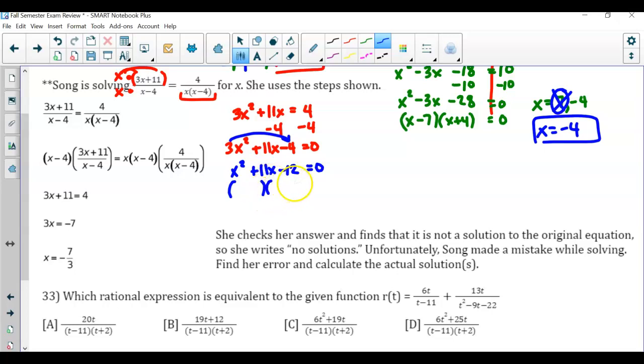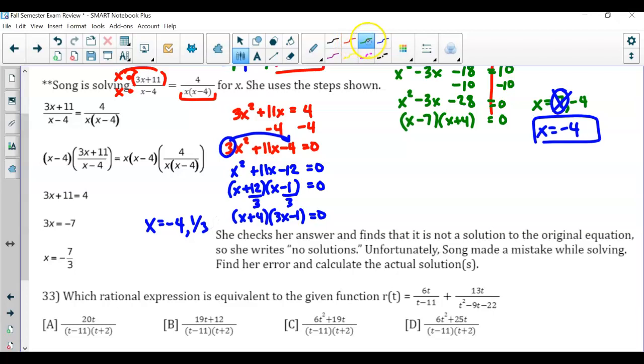Now what factors multiply to get negative 12 and add to get 11? Positive 12 and negative 1. Remember, because of bottoms up, whatever you multiply by the a value, make sure to divide. So that's why here you have x plus 4, then times bottoms up 3x minus 1, which is equal to 0. That means that x is equal to negative 4 and positive 1/3.